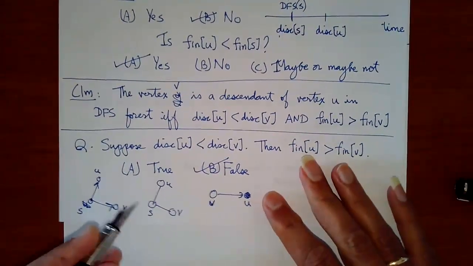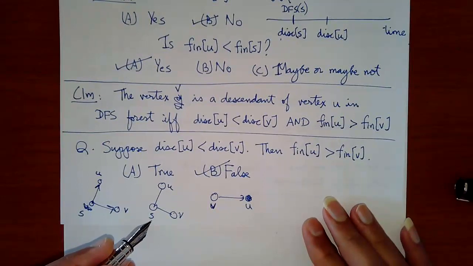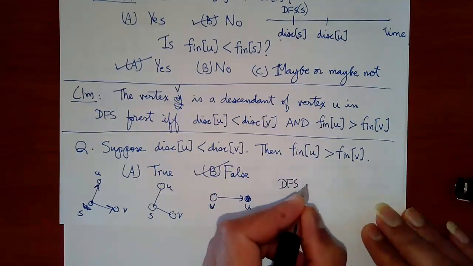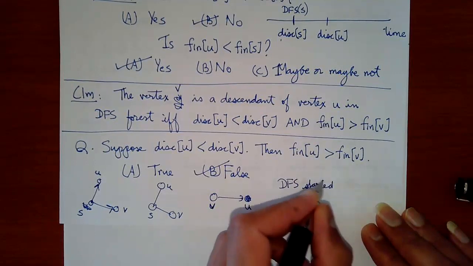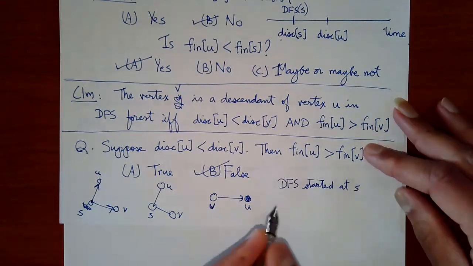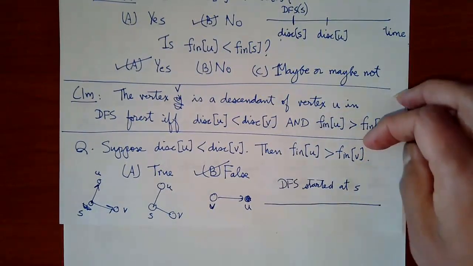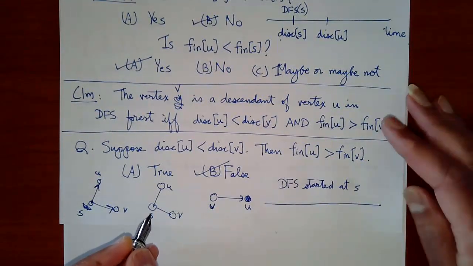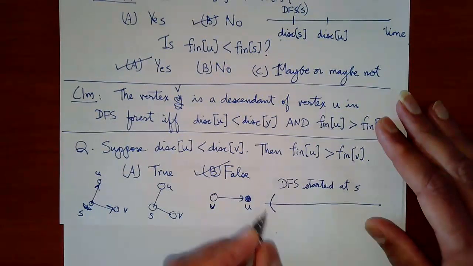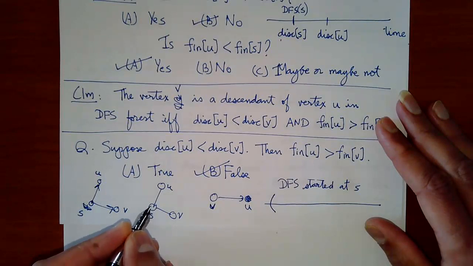It's a very nice example. Let's just say that DFS started at S. Let me now draw out the timeline. What's going to happen first is you have S being discovered.